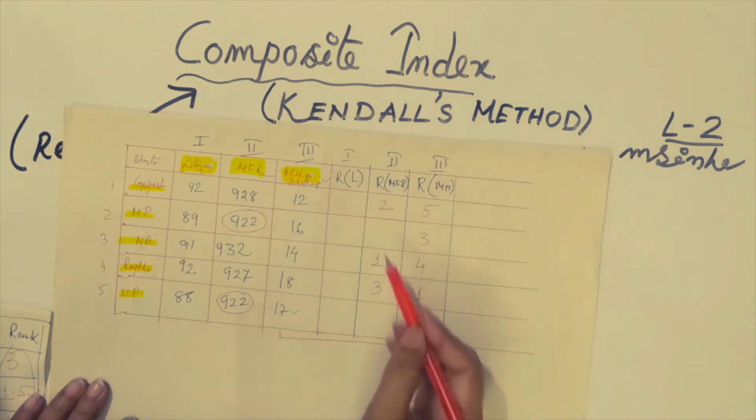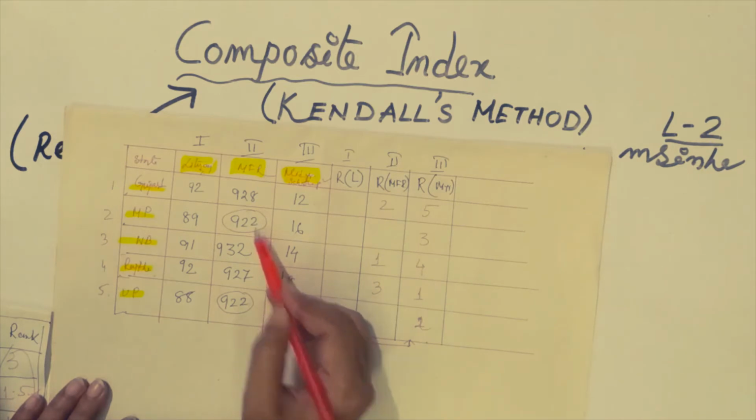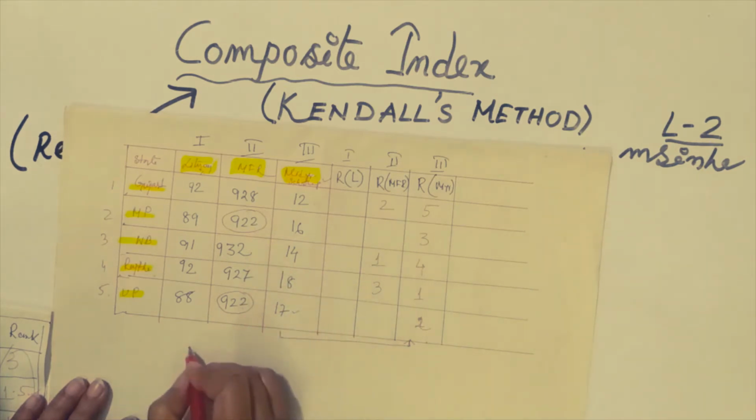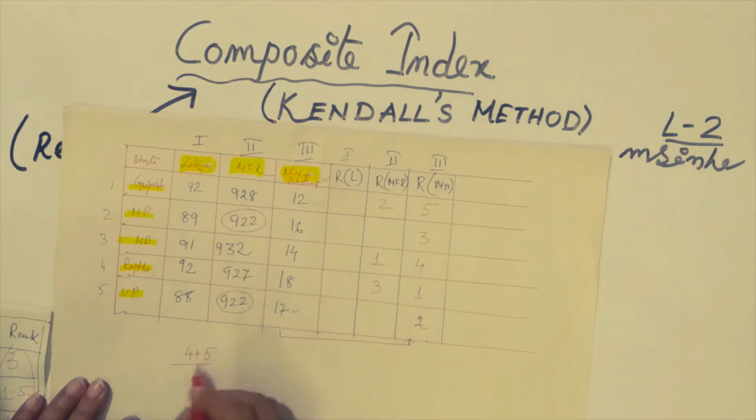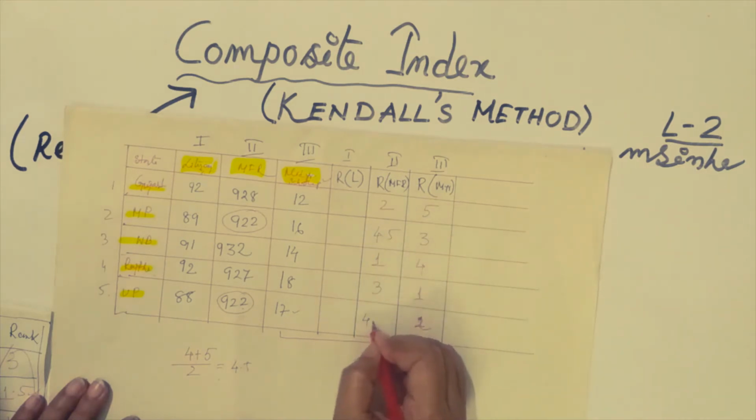This may be 4 or 5, this may be 4 and 5. So put 4 and 5 and divide by 2. Then what will be the result? 4.5. Put 4.5 here and here. This is the principle of ranking.